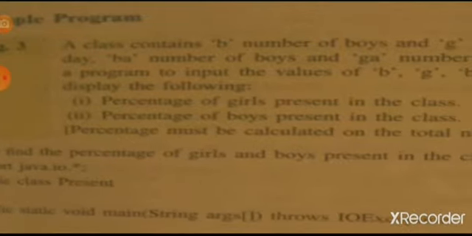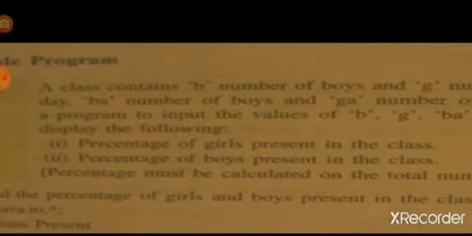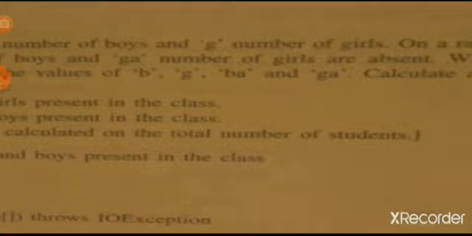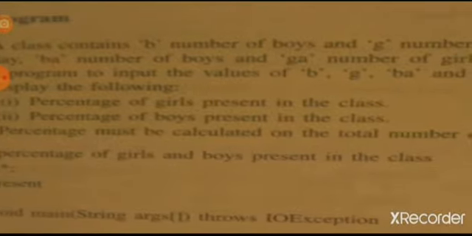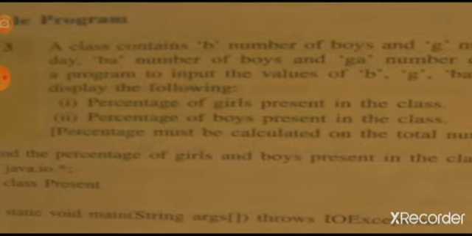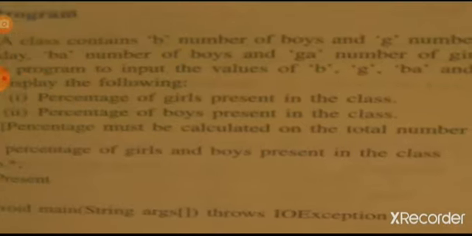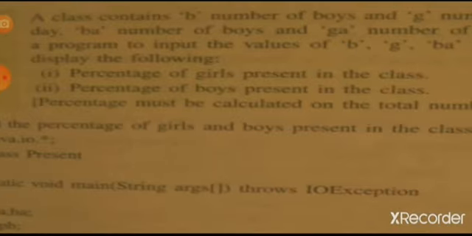The question is: a class contains B number of boys and G number of girls. On a rainy day, BA number of boys and GA number of girls are absent. Write a program to input the values of B, G, BA and GA, and calculate and display the following.